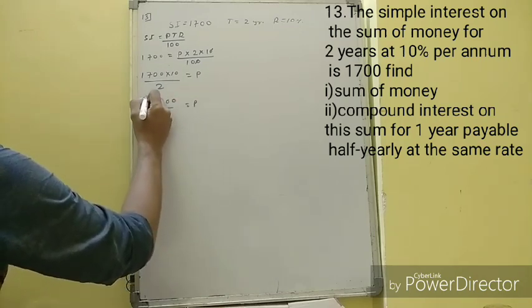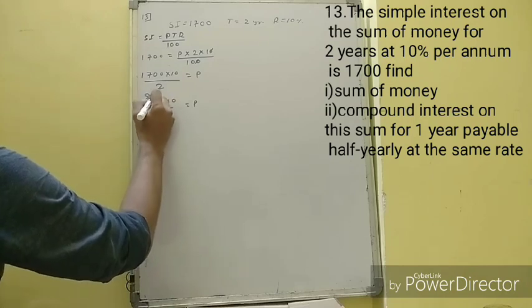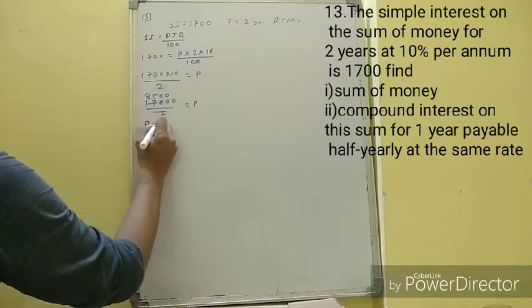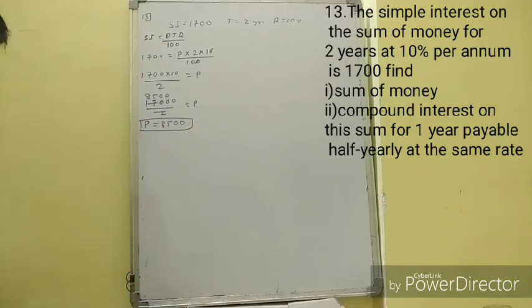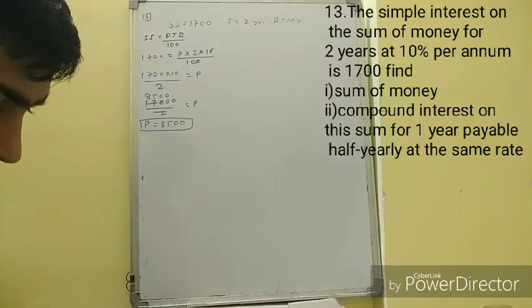So it is 2 8s are 16, 2 5s are 10. So we have the principal as 8,500. Is it correct? Yes.